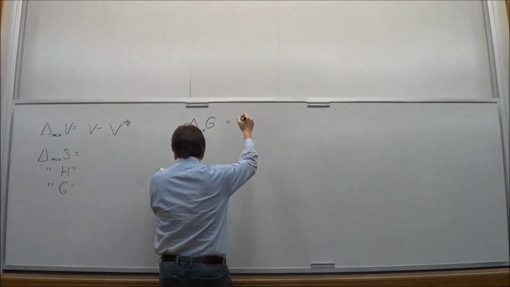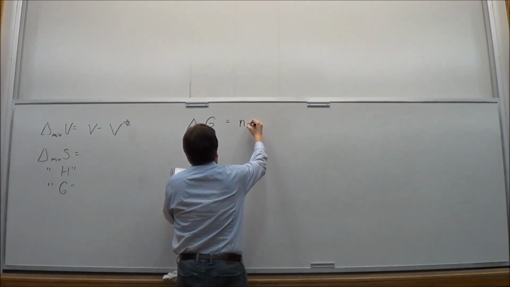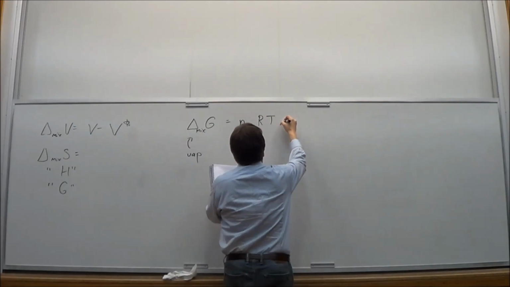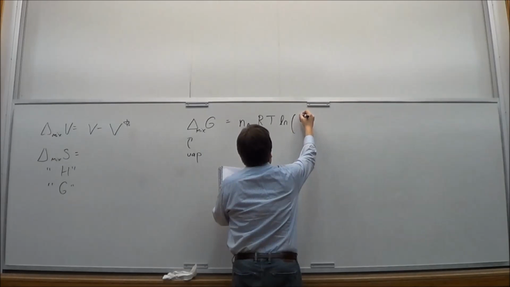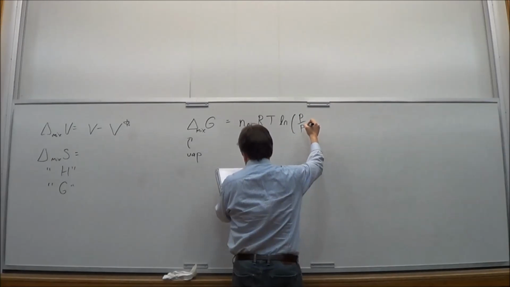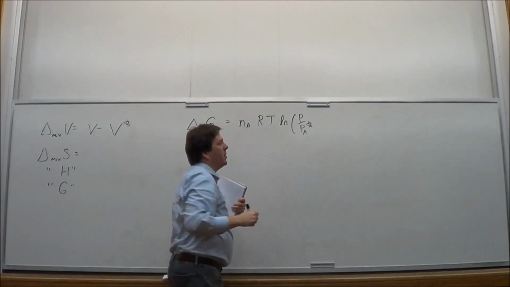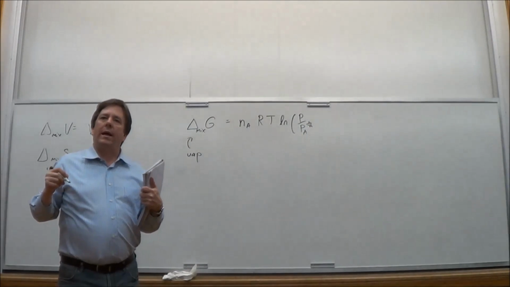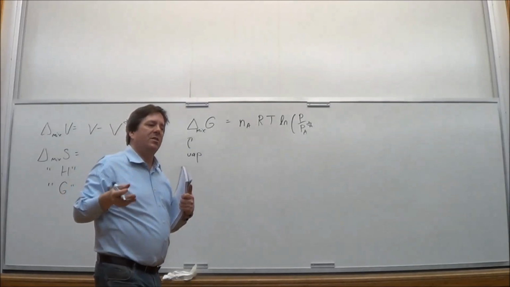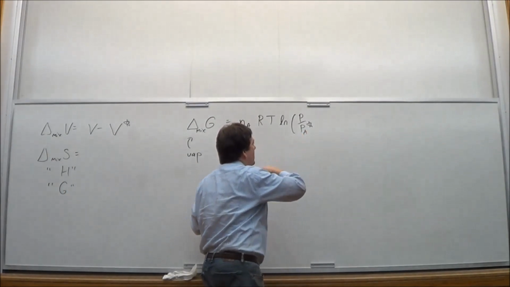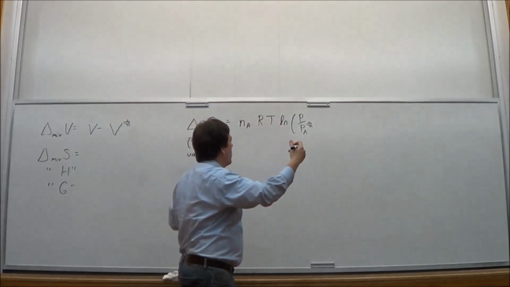And so for vapors mixing, they have to be size extensive. So there's my moles. RT gives me the right units. And I know that the pressures change, which is how I calculate my delta G. I know that I'm going to start out with a pure vapor pressure. If I'm mixing water with ethanol, and I'm just going to look at the water side at first, I can smell the water vapor. You can smell dew in the morning.